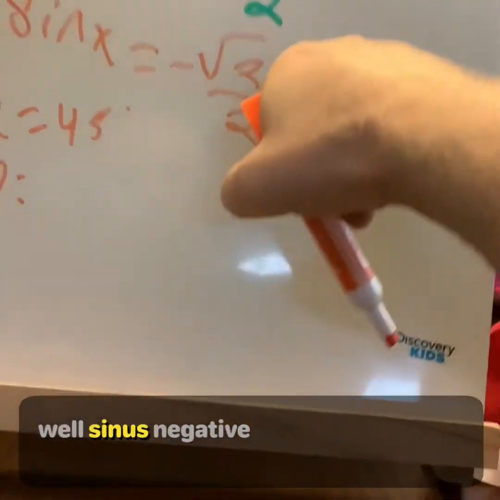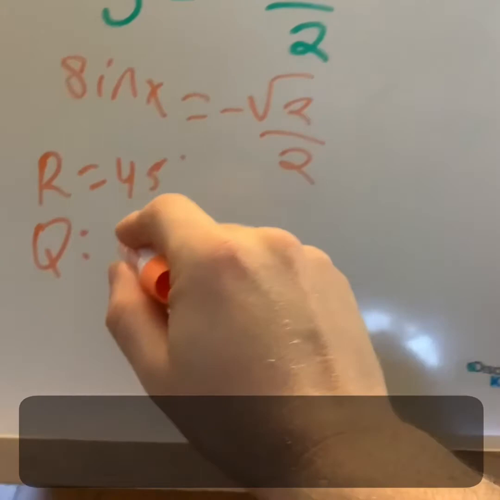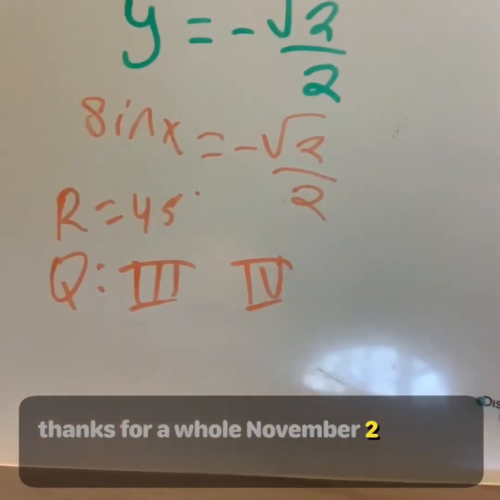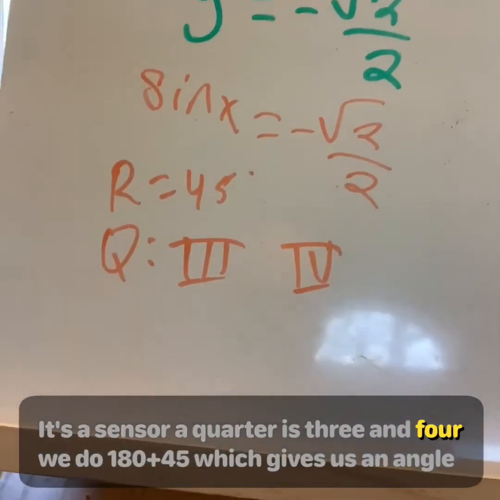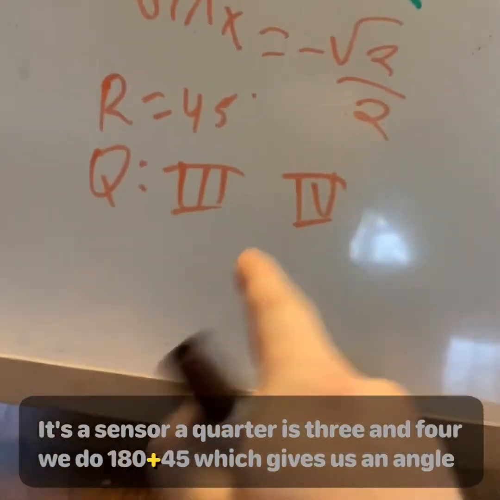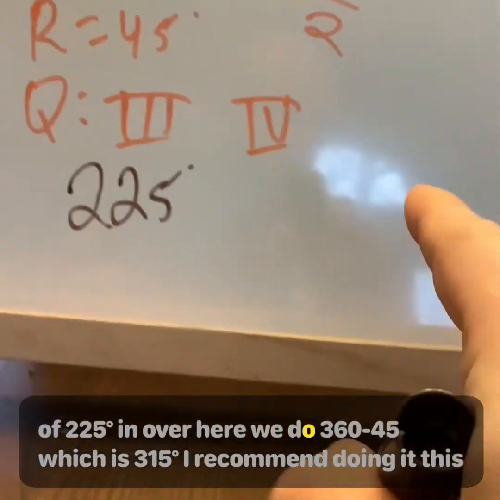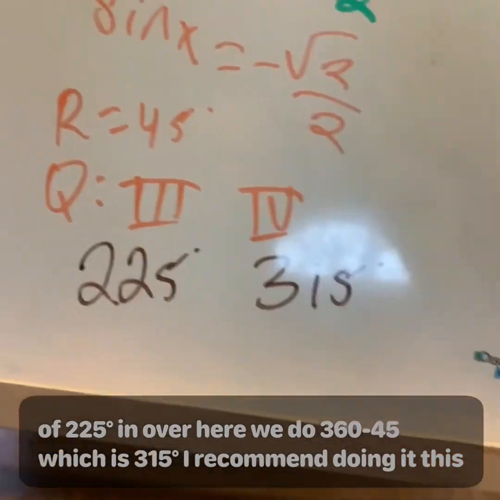Well, sine is negative, so we're in quadrants 3 and 4. All right, so since we're in quadrants 3 and 4, we do 180 plus 45, which gives us an angle of 225 degrees. And over here, we do 360 minus 45, which is 315 degrees.